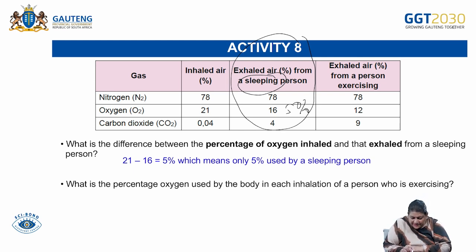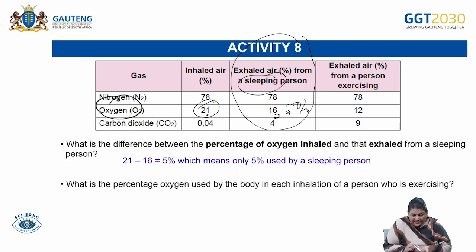So a sleeping person inhales 21, but the exhaled air is containing 16% oxygen, which means the person used 5% of oxygen. This level is oxygen. So if you inhale 21 and when you exhale the air it has 16, where did the difference of 5 go to? It was used by your cells for respiration.